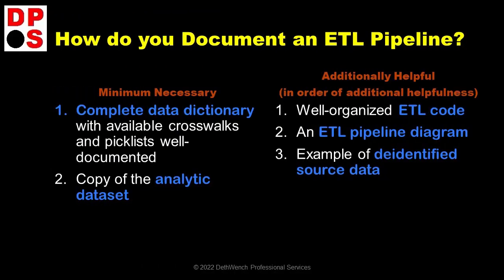All right, so over on the right side of the slide, I showed you item 1, well-organized ETL code, and item 2, the ETL pipeline diagram. You might think, zoinks, that's already an awful lot of curation files. Do we really need any more?